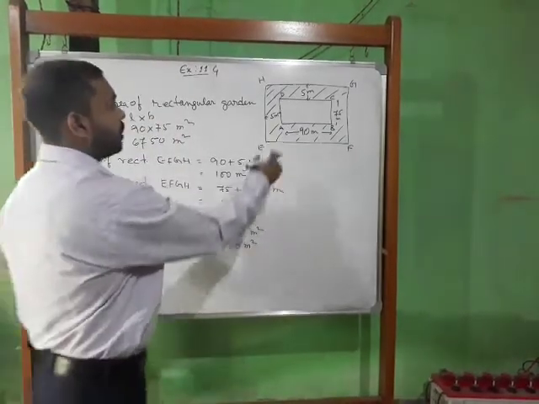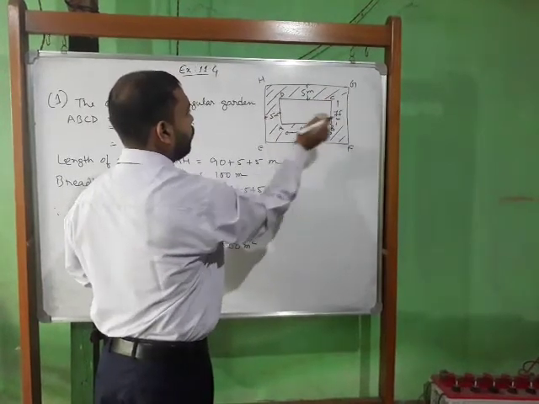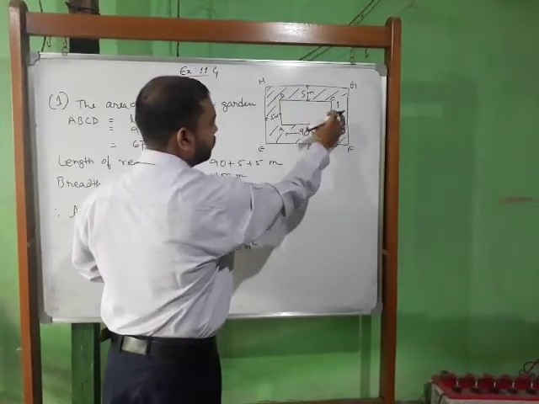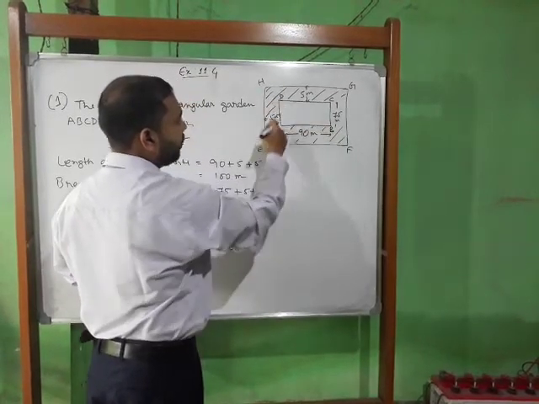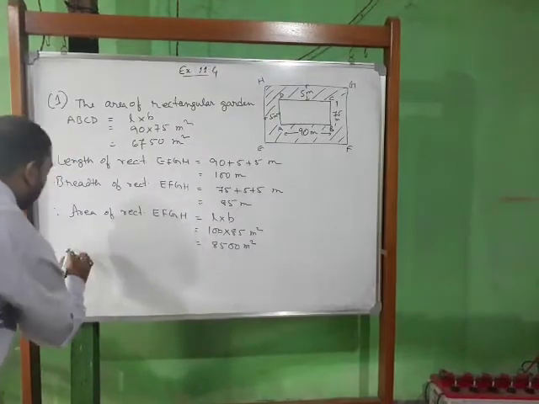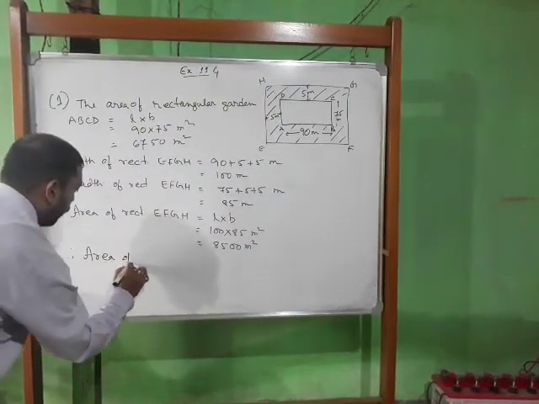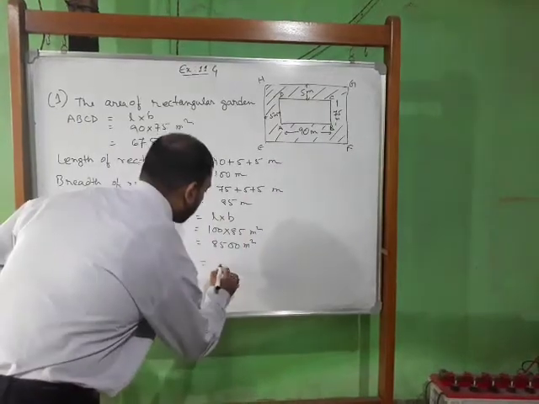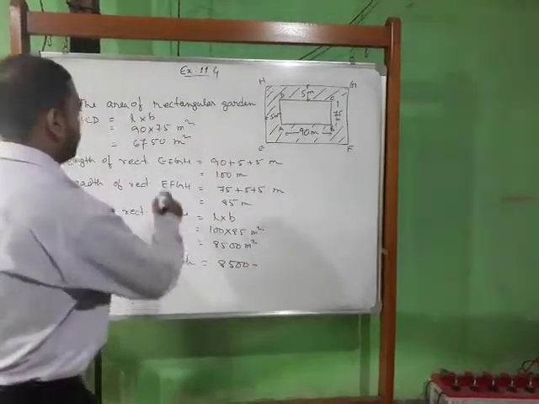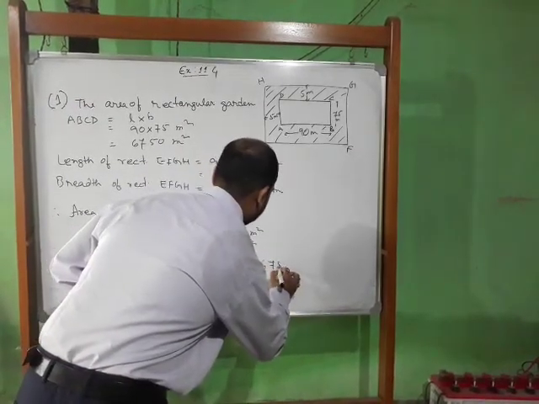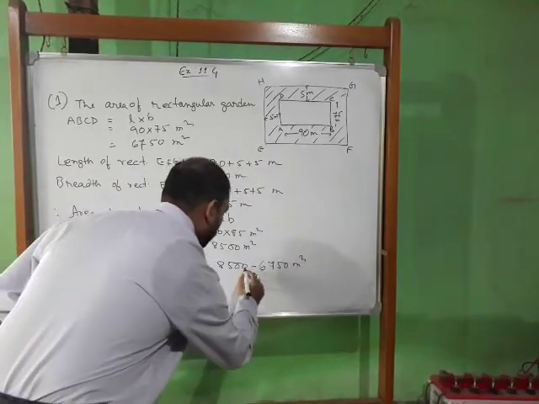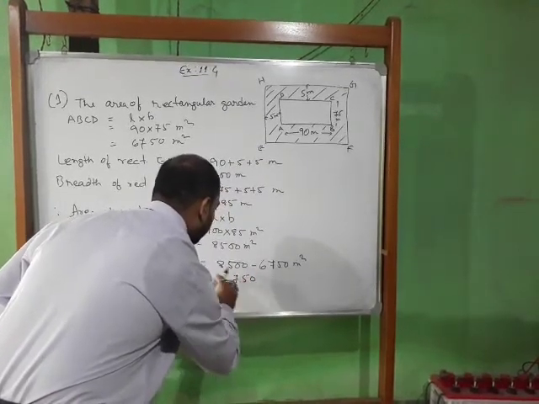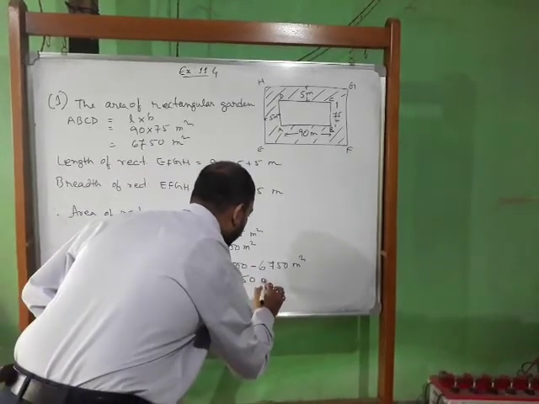Now we have the areas of the big rectangle and the small rectangle. The area of this part will be the area of the big rectangle minus the area of the smaller rectangle. So the area of the path is 8500 minus 6750 meter square, which is 1750 meter square.